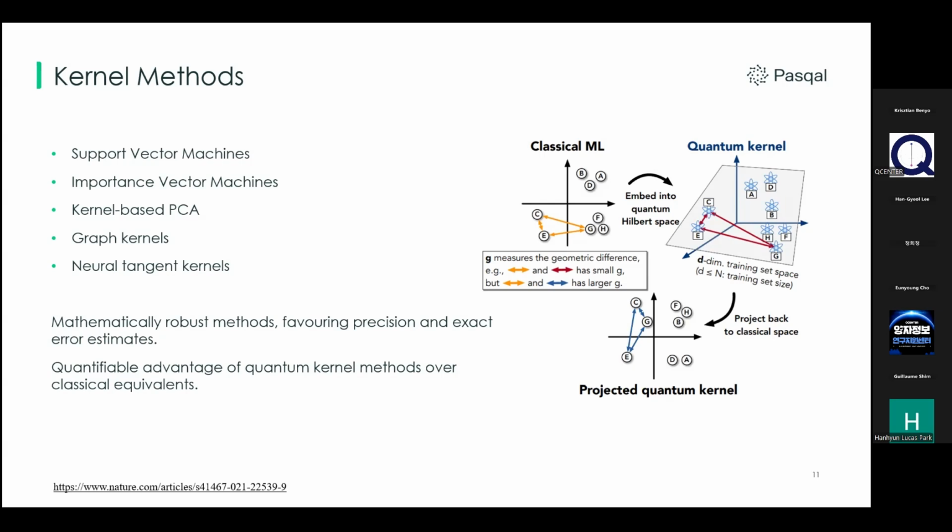And due to this new representation of your data, you can potentially perform your prediction, your classification, your clustering task more efficiently. So in a sense, it realizes a new representation of your data that's more efficient for the task you want to perform.